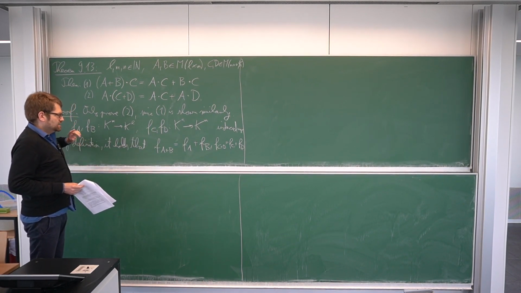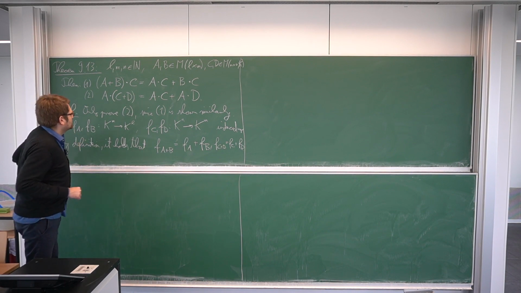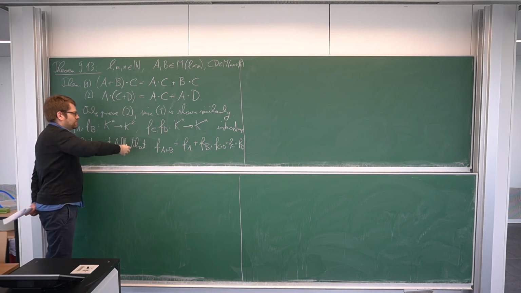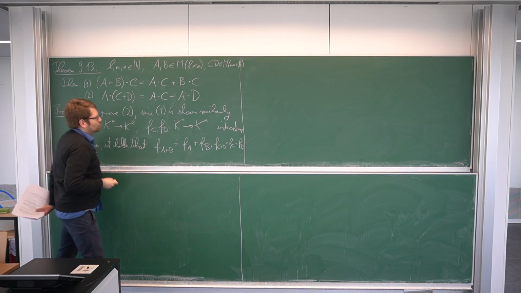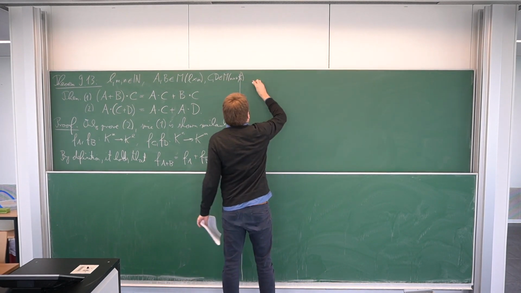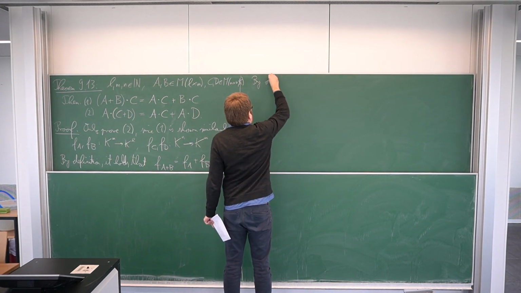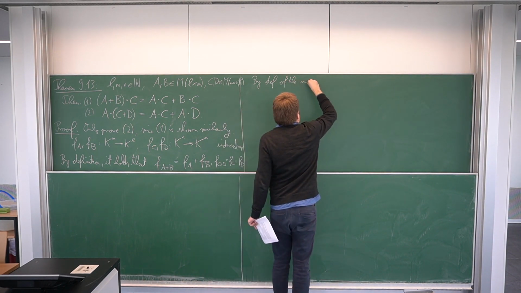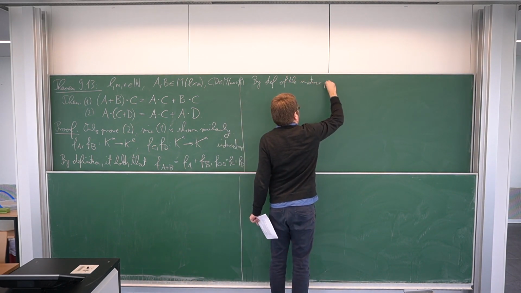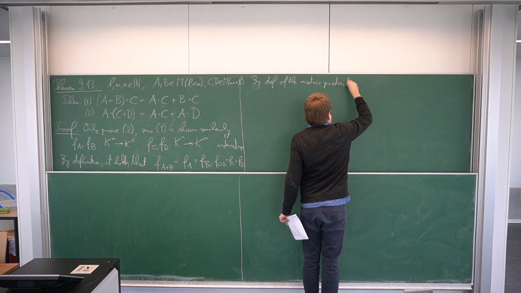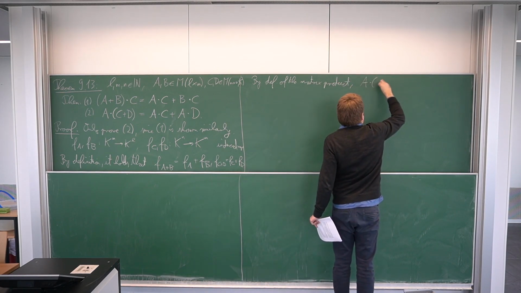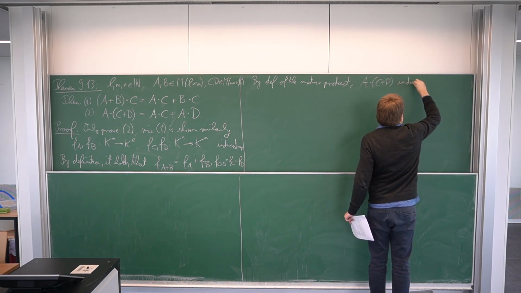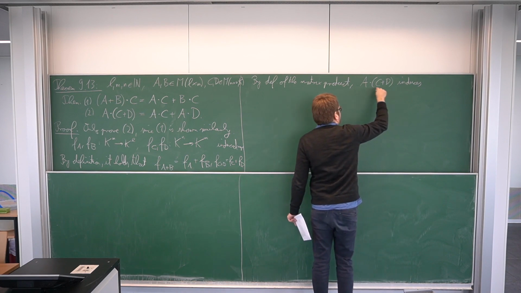Okay, so if we have that, we now know that the multiplication on the map level is the same as composition. We've seen that just by definition of the matrix product: A times (C plus D) induces the composition of the maps of the factors.